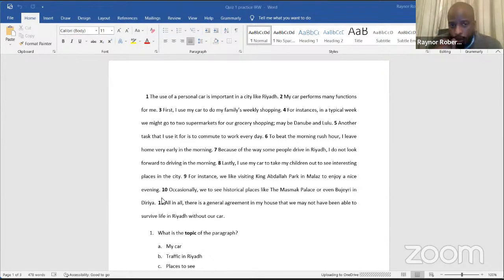For is a preposition when it's followed by a noun phrase, in this case our grocery shopping. So: in a typical week, to two supermarkets, for our grocery shopping. They're all modifiers, giving you more information about what they might do.